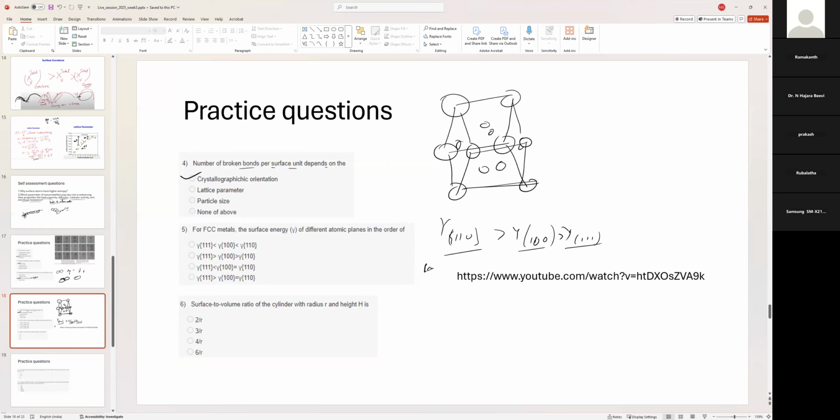So for FCC, gamma 111 would have the least energy.